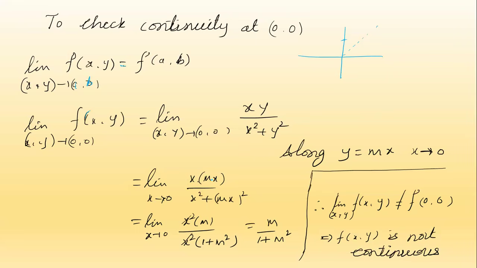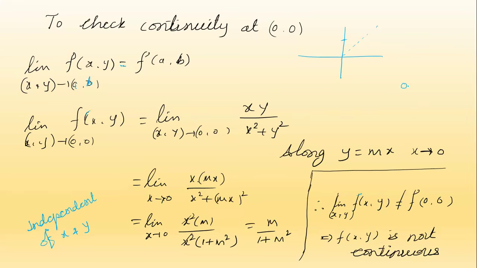If we put m x in place of y, we get x into m x divided by x square plus m x square. Taking x square common, we get m divided by 1 plus m square. This is independent of x and y. Also, the limit of f of x y is not equal to f of a comma b.